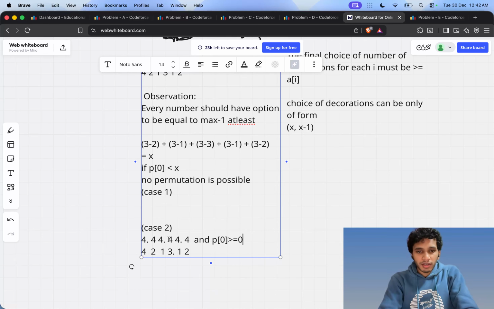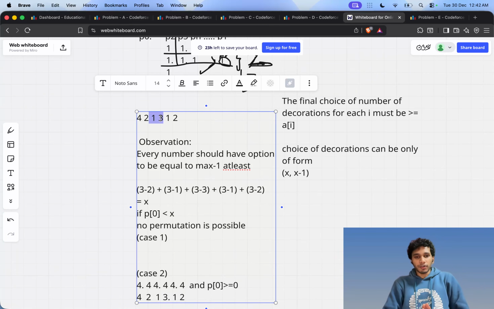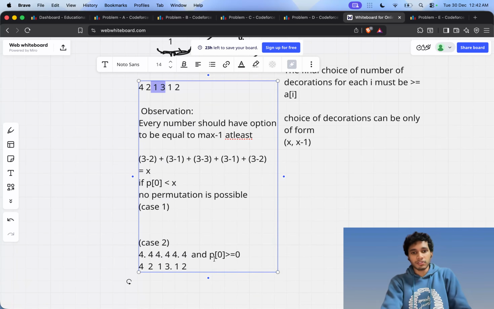And everyone has the free will to take from P0. The index with the minimum number of decorations can also take from P0, and the person with the highest number of decorations, 4, can also take from P0.